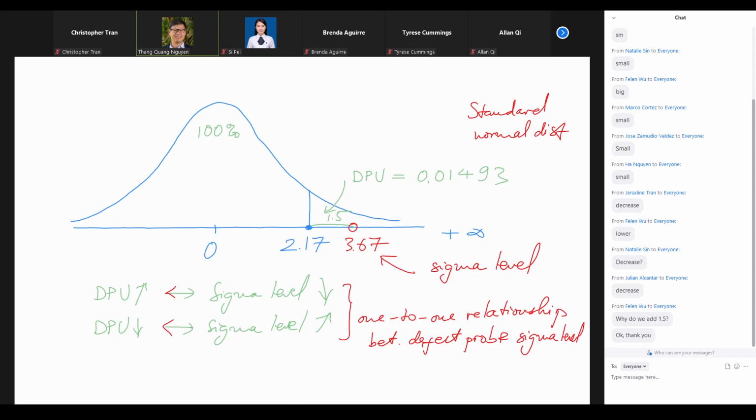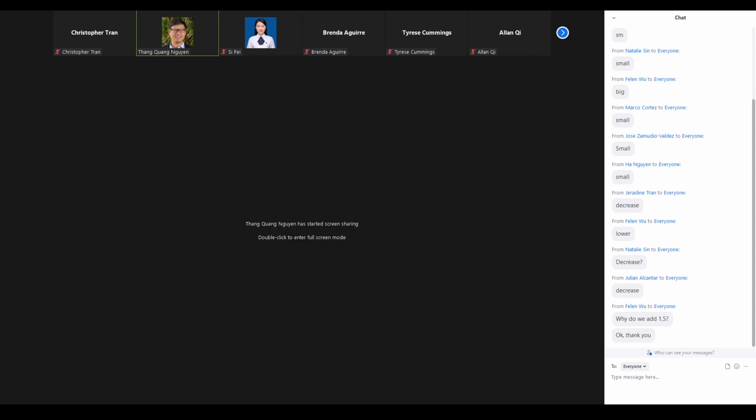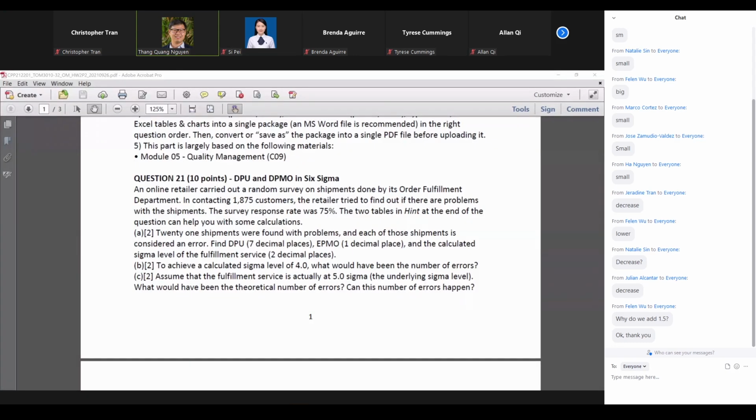All right, so we're done with part A, and now let's do parts B and C. I say parts B and C because they are quite similar. Let me show you parts B and C first, and then we work on them. In part B, to achieve a calculated sigma level of 4.0, what would have been the number of errors?